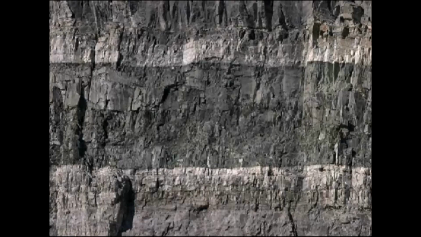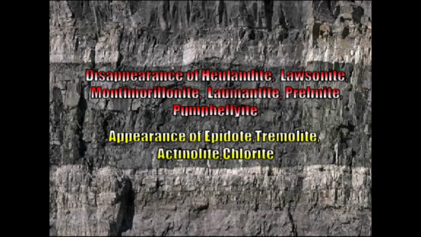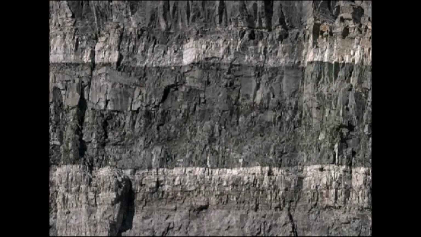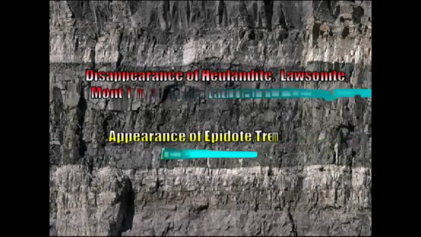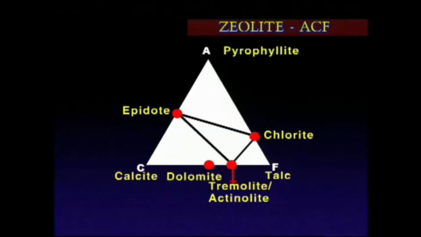The lower pressure limit, thus the disappearance of kaolinite, hollandite, prehnite, pumpellyite, montmorillonite, analcime, indicates the beginning of the greenschist phases.